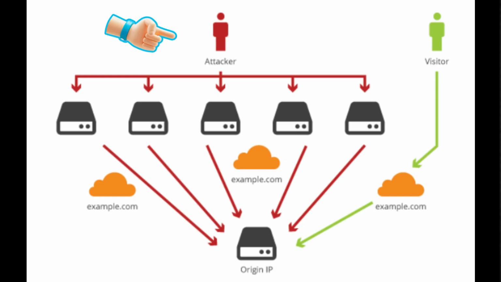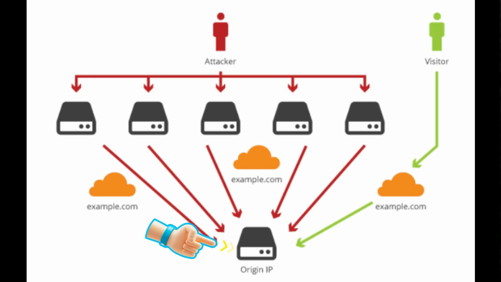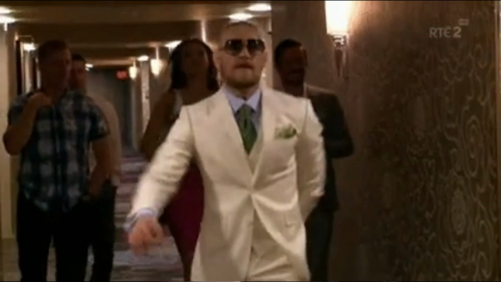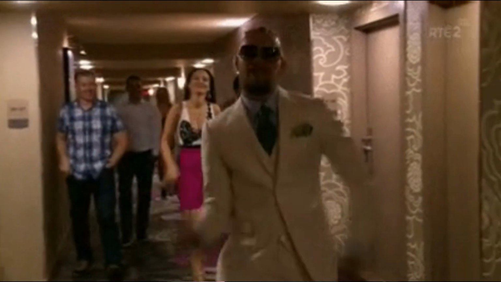But if you can find the origin server's IP and it's misconfigured, you can go from you to origin server directly. Every single security control bypassed. It's like having a bouncer at the front door while the back door is wide open.